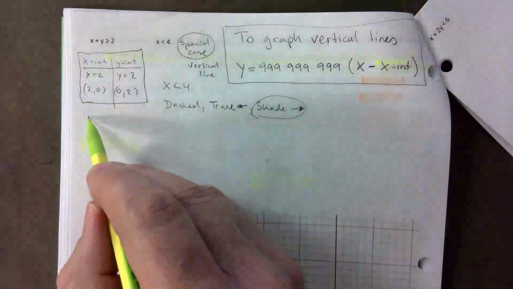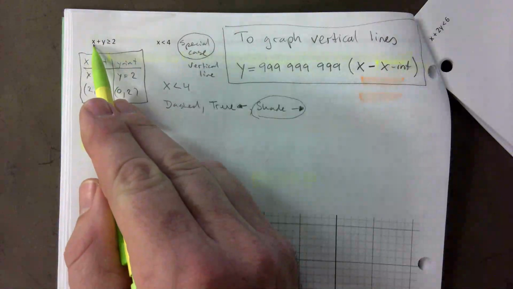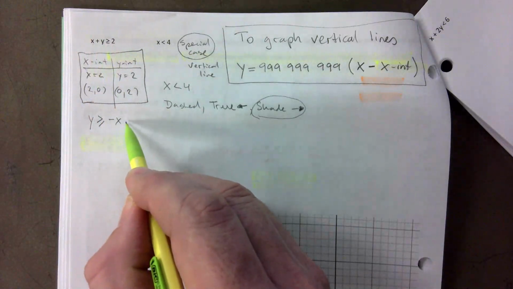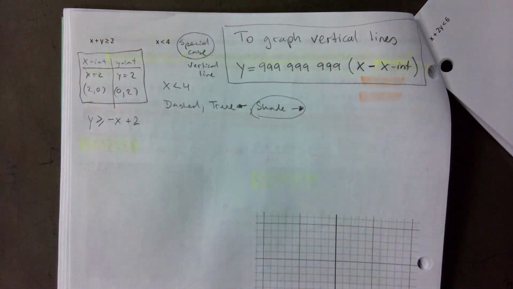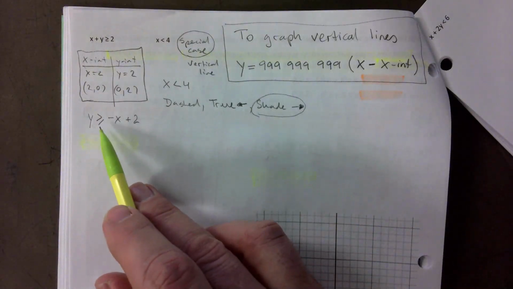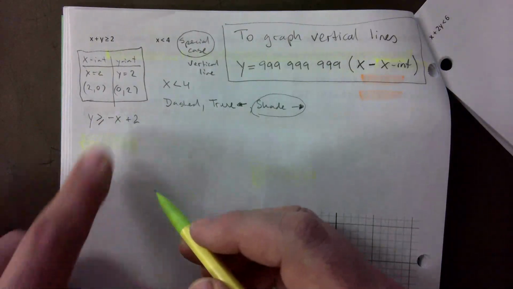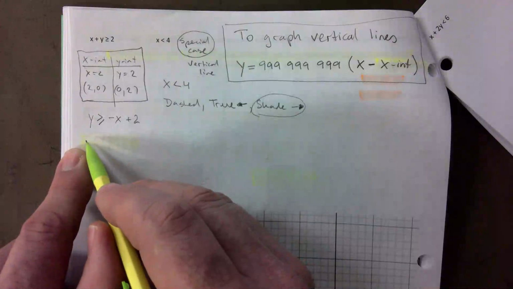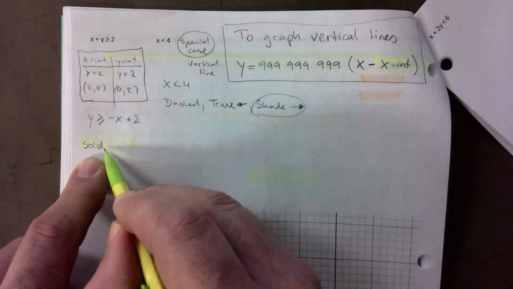I'm going to rewrite y is greater than or equal to, the x comes over to the other side like that. Okay, x turns negative because it crosses the inequality symbol. And once you have it isolated, you can talk about what the line is going to look like.